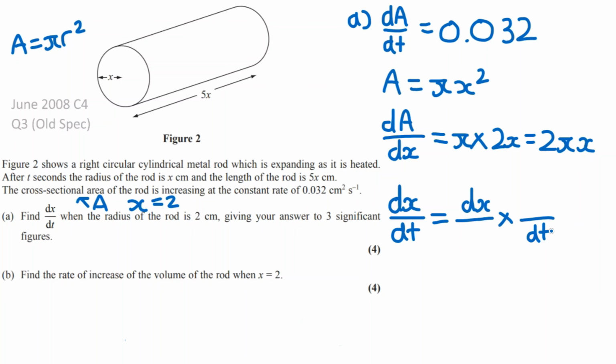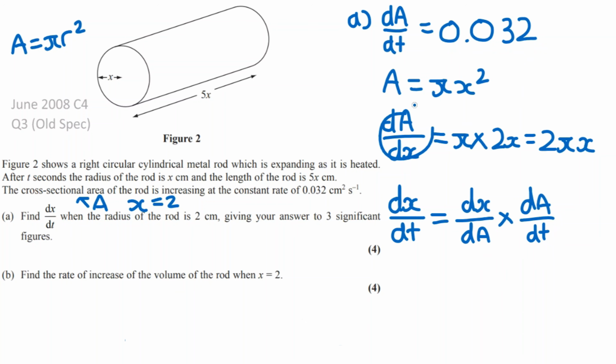If we look at the two differential equations that we've got, dA over dt and dA over dx, what is common in both of them is this A, so we're going to do dx over dA and dA over dt, so the dA terms will cancel out at the end to just leave us with dx over dt. So we have dA over dt, which is this 0.032.